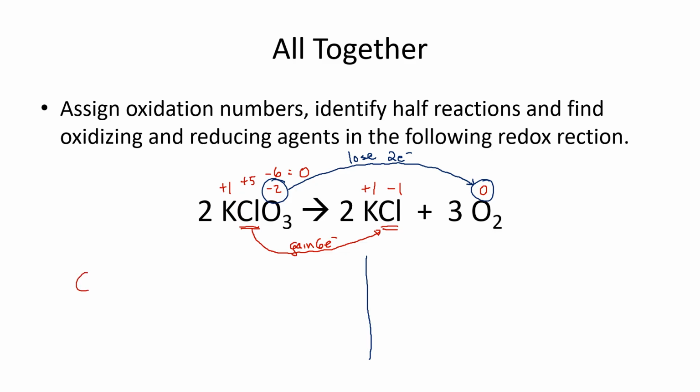The chlorine here at +5 is going to need to gain 6 electrons in order to become the chlorine at the -1. And then on the other side here, we've got the oxygen at -2, and it is going to give up 2 electrons to become oxygen at 0. So over here we have gain of electrons. So this part here is the reduction.